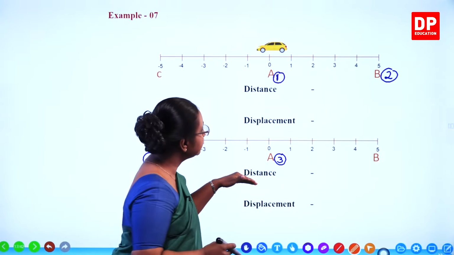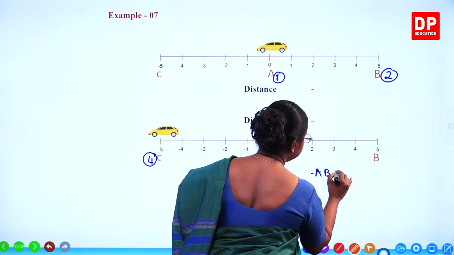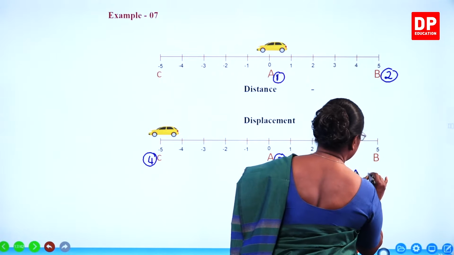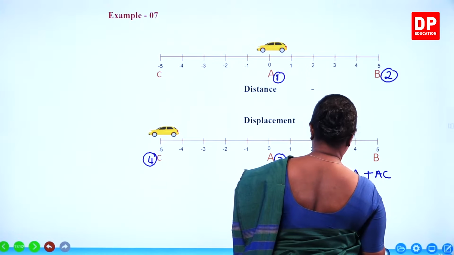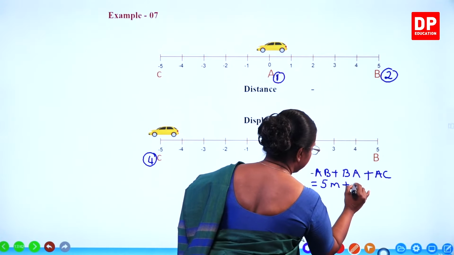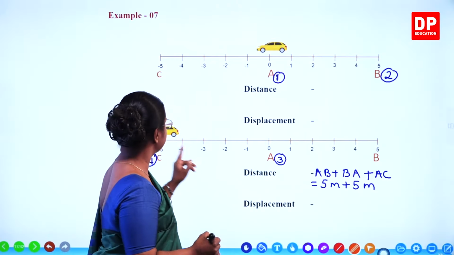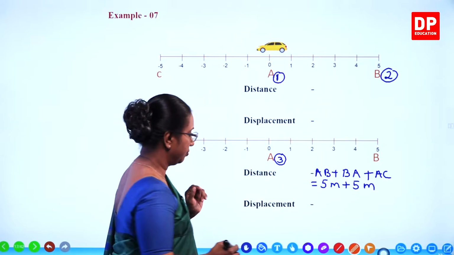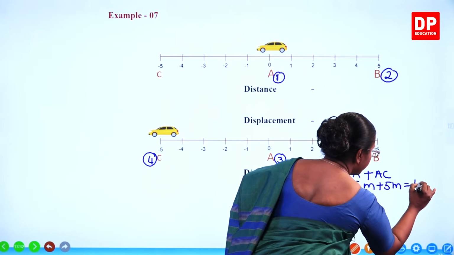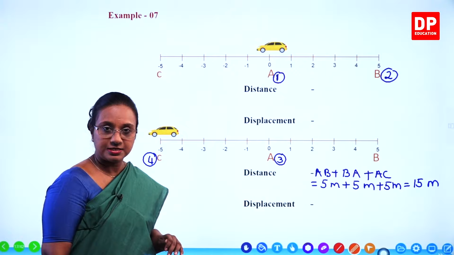If we consider the distance traversed by the car, it will be from A to B, again from B to A, and then from A to C. So that's going to be 5 meters plus 5 meters. Although this is a negative value, for distance we only consider the magnitude. Therefore, that is also going to be 5 meters. So the car has traversed a total distance of 15 meters.